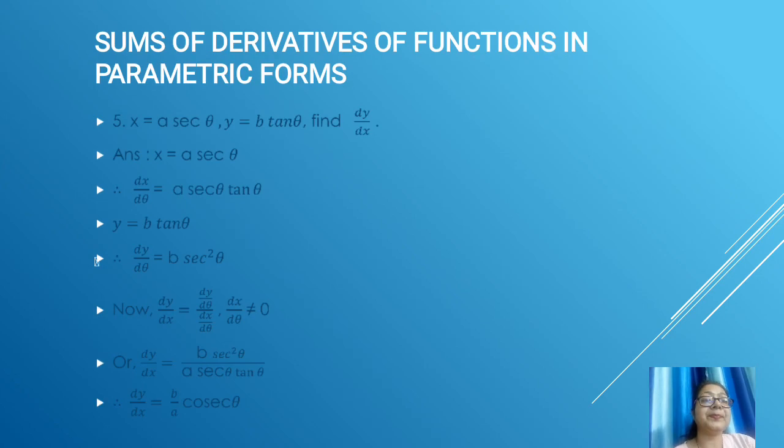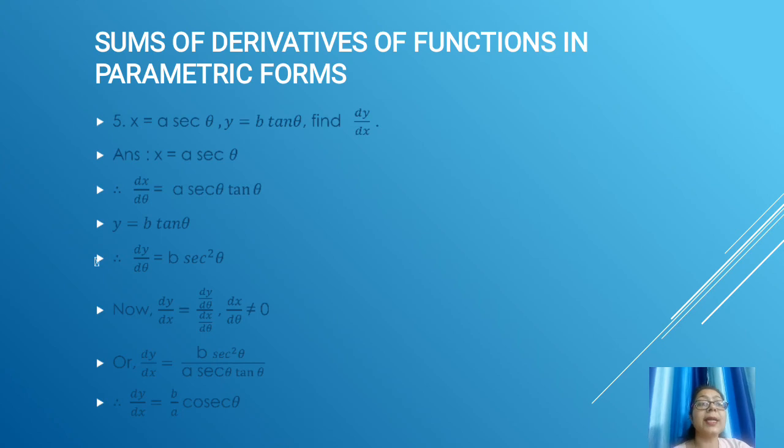Next, number 5. X is equal to a sec theta and y is equal to b tan theta. Find dy dx. So x is equal to a sec theta. This is a function of theta, means dx d theta is equal to a outside, derivative of sec theta is sec theta tan theta.